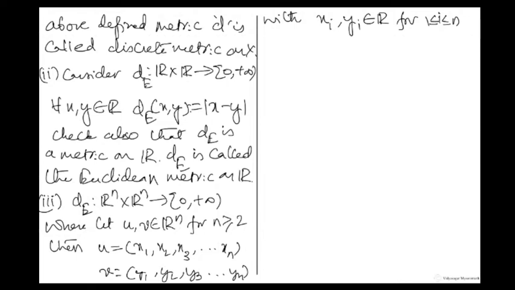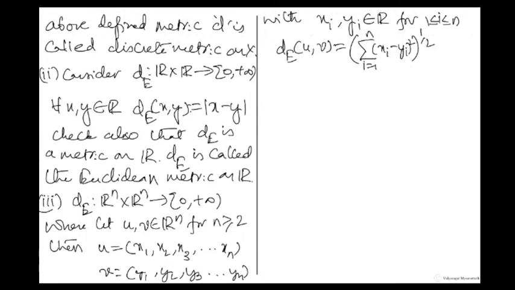Now we define d_e of (u, v) to be the positive square root of the sum of (xi minus yi) squared for i ranging from 1 to n.